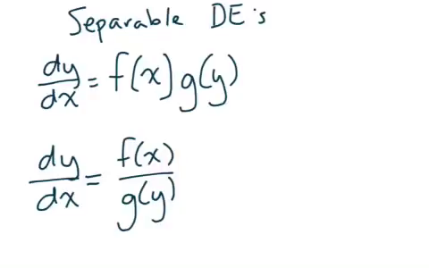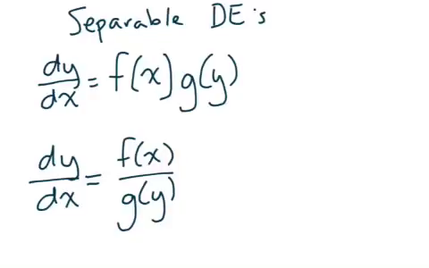You can have, which is really one form, if you think of multiplication and division as really very similar operations. I've got one where we have some function of x times some other function of y, or some function of x divided by some function of y.